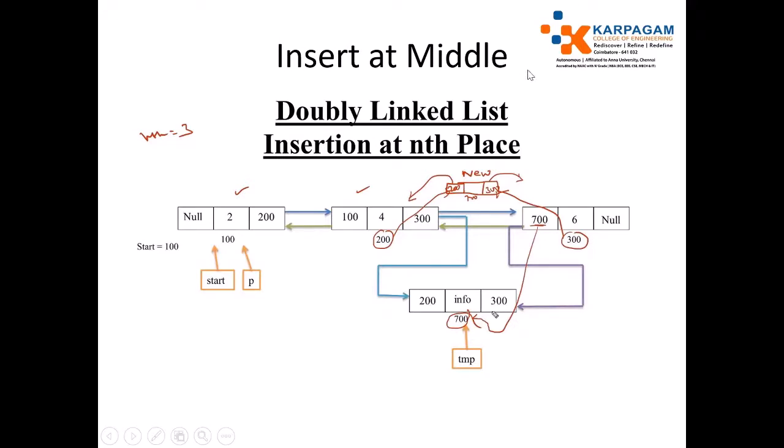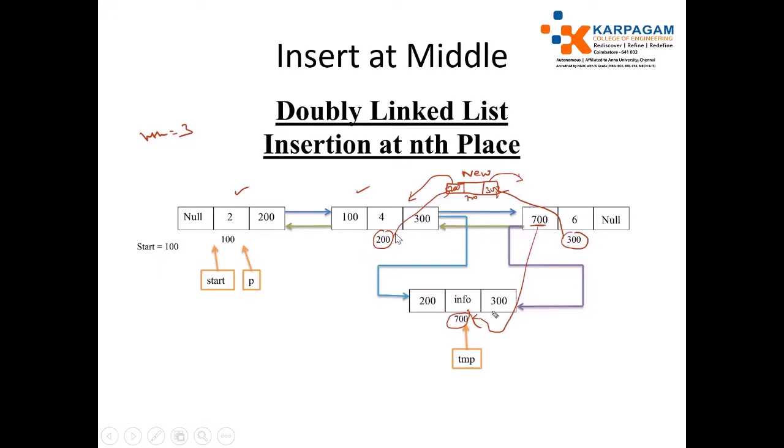Okay. Then inserting the element at middle position. Here we are having 3 nodes already. Okay, I wish to insert a new element, for example 5. Here info equal to 5. Okay, 5 at the third position means we need to come to the second position. This p pointer comes to the second position.